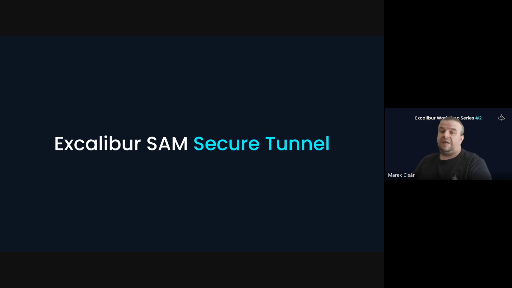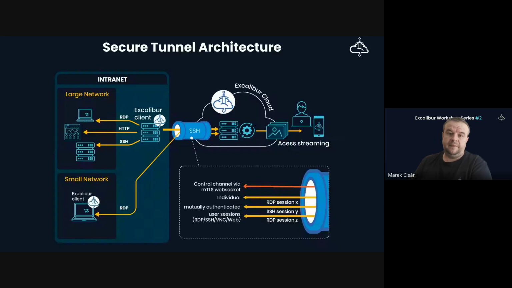Okay, so let's talk a little bit more about the Excalibur SAM Secure Tunnel client. And here I want to explain how the Excalibur Secure Tunnel architecture works from the left to the right. On the left side, obviously, you can see the customer's intranet environment or infrastructure where the protected systems live.